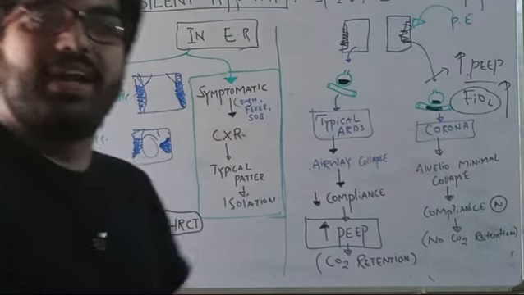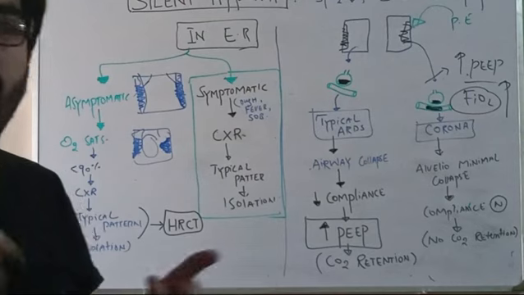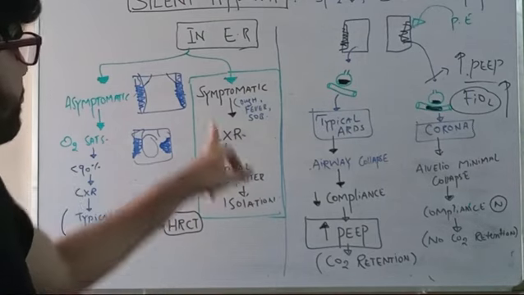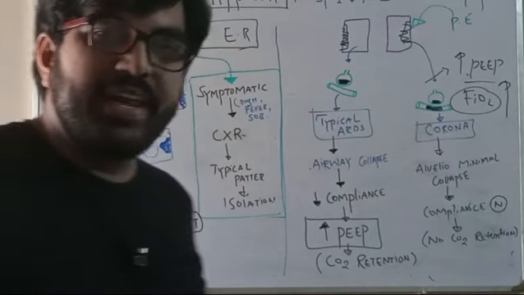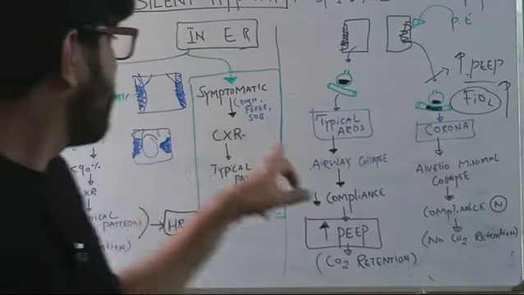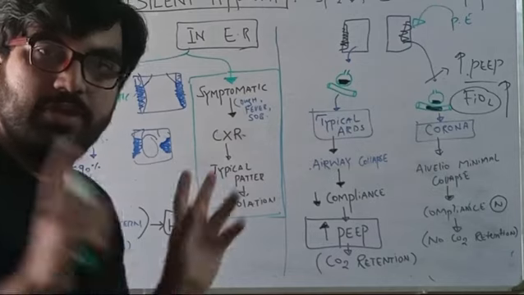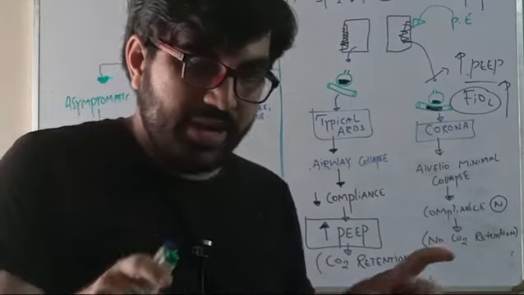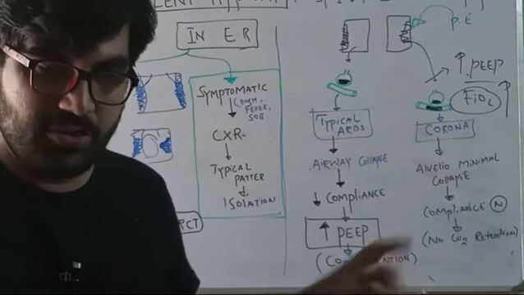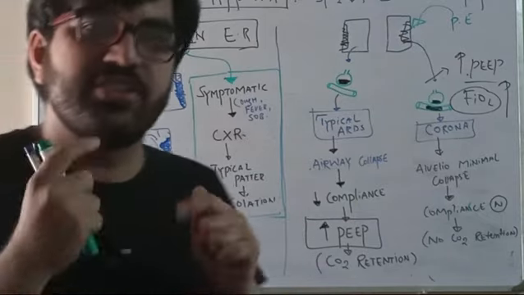Now if a person is symptomatic in the context of COVID-19, with cough, fever and shortness of breath, whether the patient is maintaining the SATs or not, advise the chest x-ray and look for the typical pattern. The typical pattern is bilateral opacity, usually peripheral, sparing the central zone. That is in the initial stages.